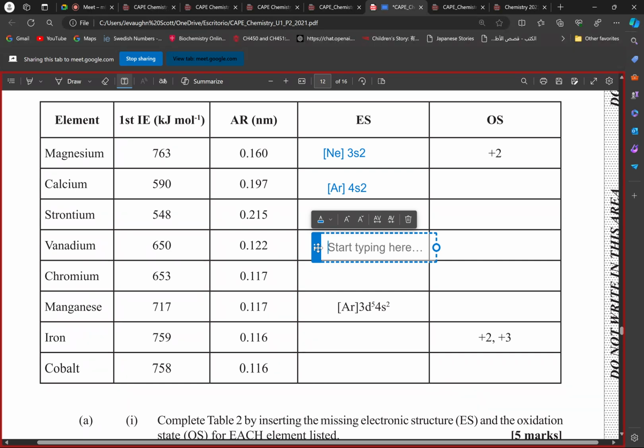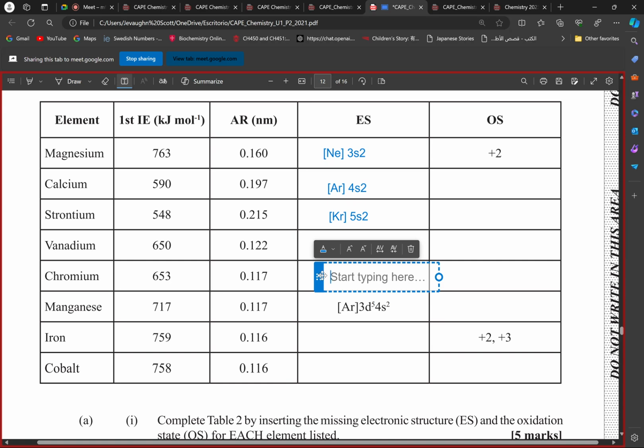So what we have now: for vanadium, it would be argon, and then 3d3 4s2. Why did they write it like that?